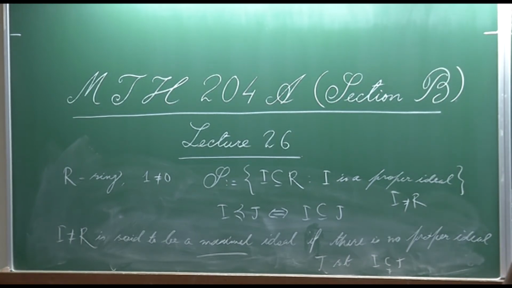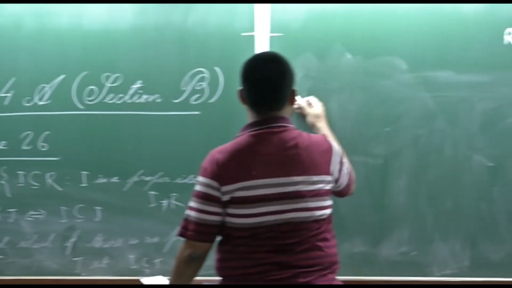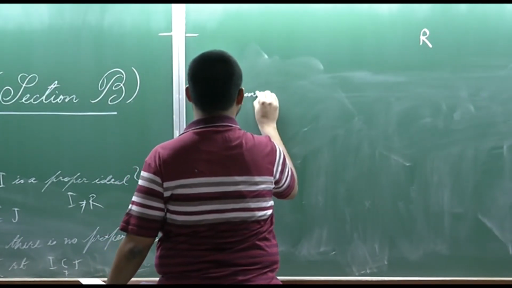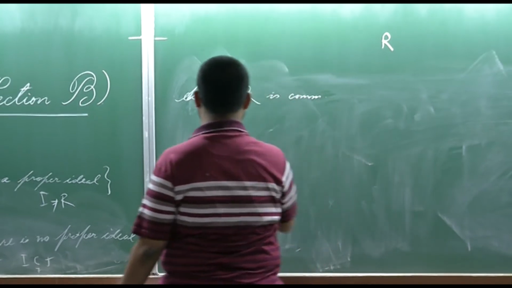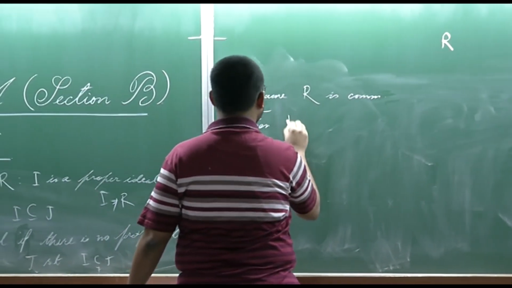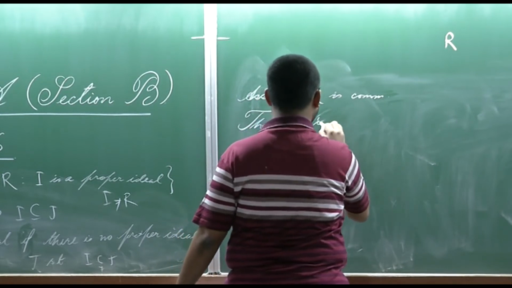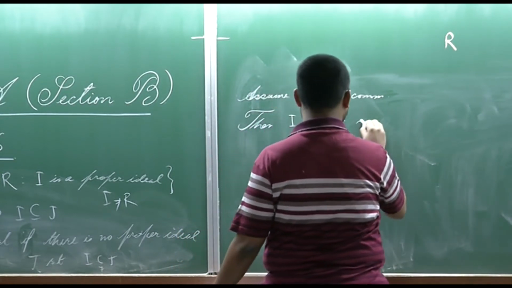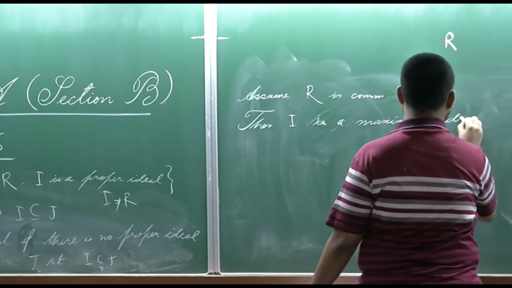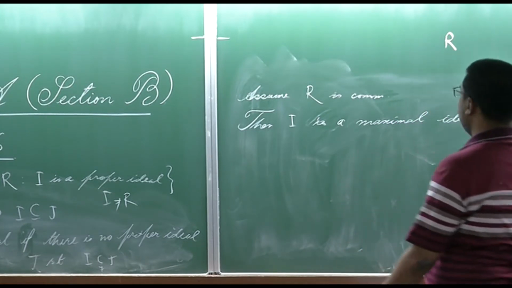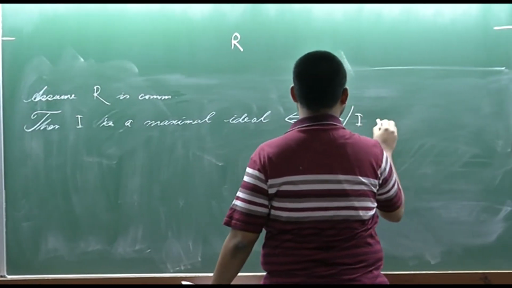When R is commutative, this is the same as follows. Assume R is commutative, then I is a maximal ideal if and only if R modulo I is a field.